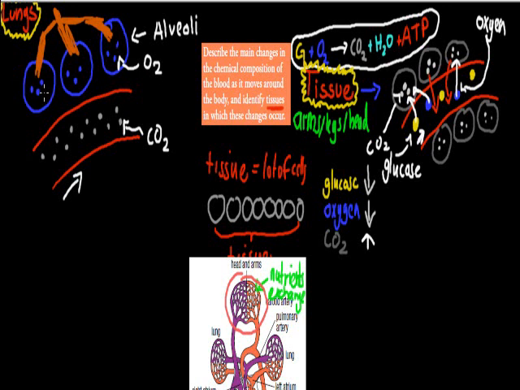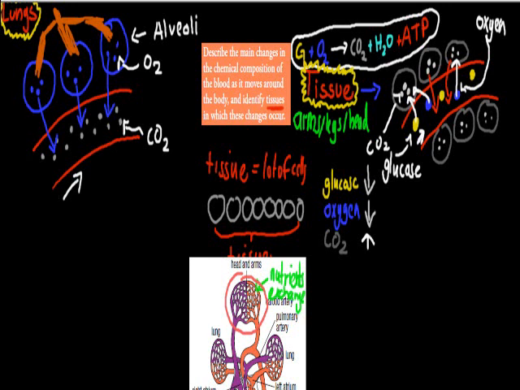In this case we have oxygen going from the lungs. We breathe in oxygen, it goes to the alveoli, and from there it diffuses over into the blood vessels, so our blood is going to increase in O2 levels.